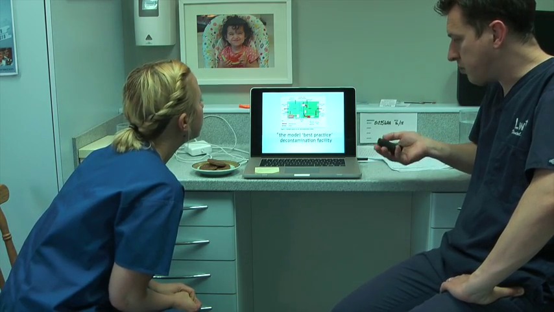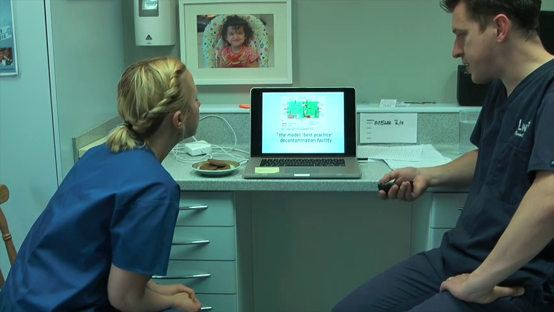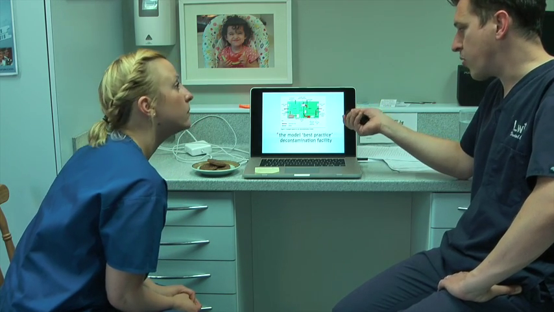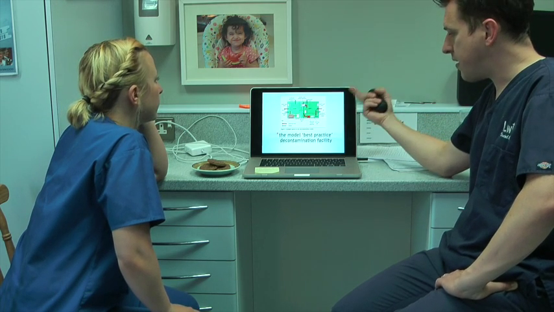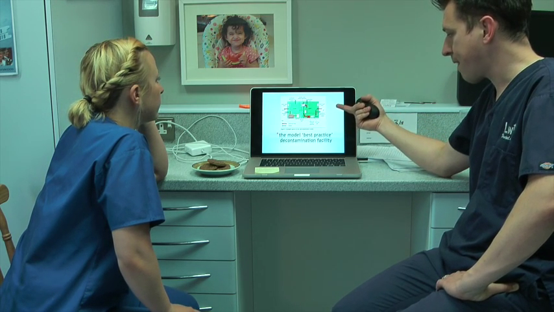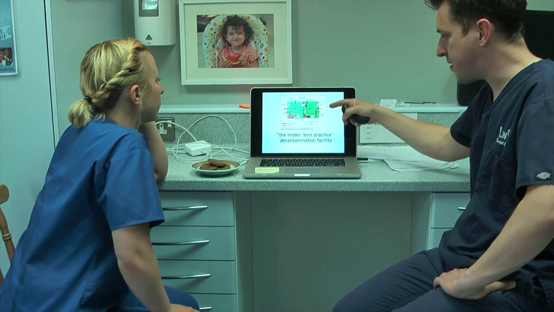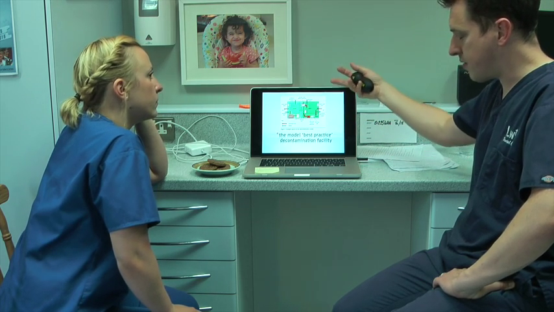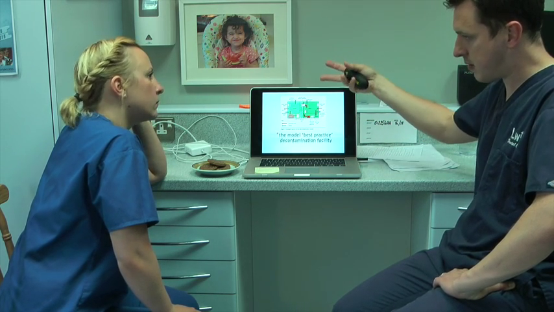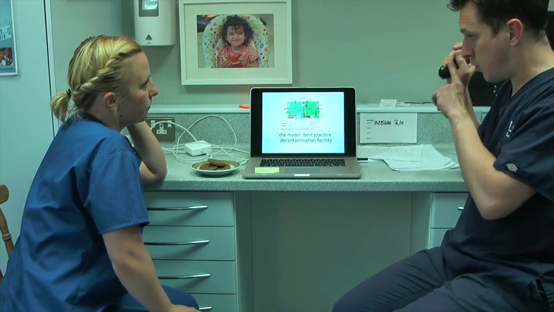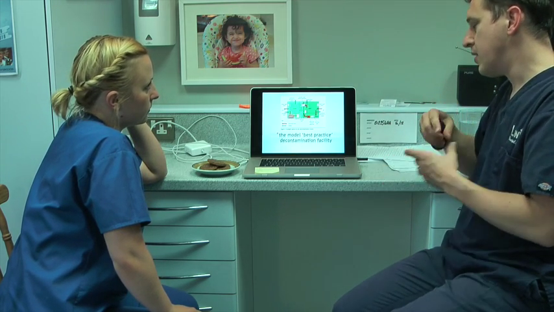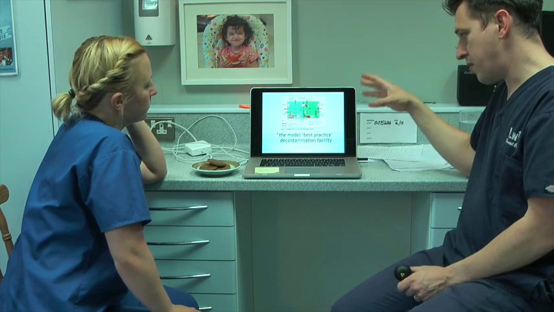So this is the model best practice decontamination facility, similar to Leppings Lane. We've got a dirty side and a clean side. Instruments come in, and throughout the whole facility there's ventilation extracting dirty air and pumping it outside, and we're not pumping dirty air into the clean side. So there's a definite logical process involved.